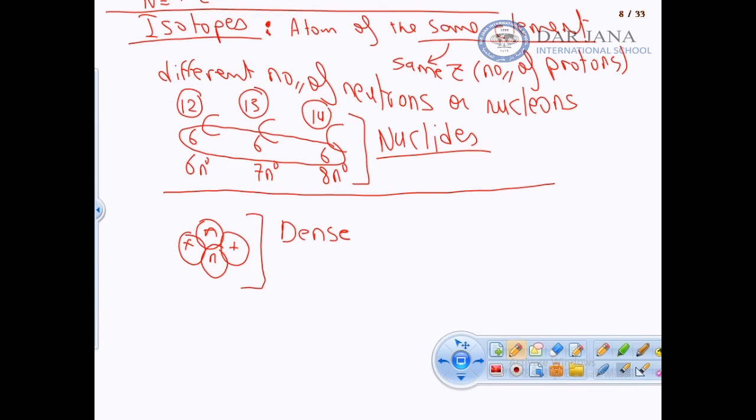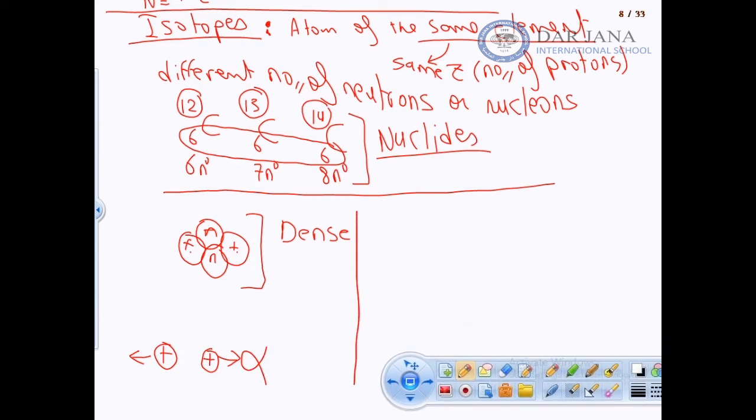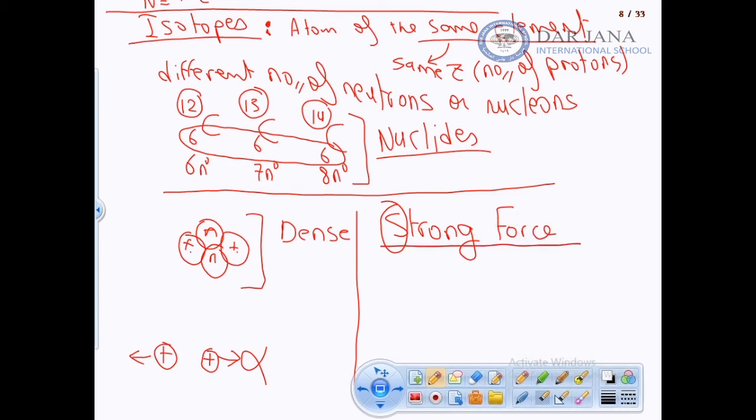How can this happen? We have a plus with a plus here. As we know, if we have a plus and a plus, they should repel. But this is not the case in the nucleus. They are very strongly attracted to each other by a force called strong, with capital S. It's a name: the strong force.